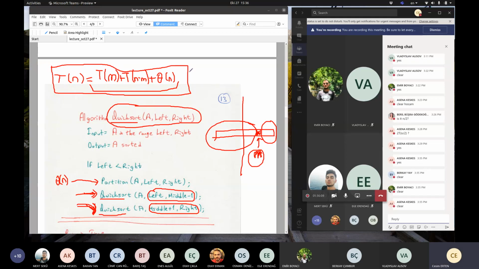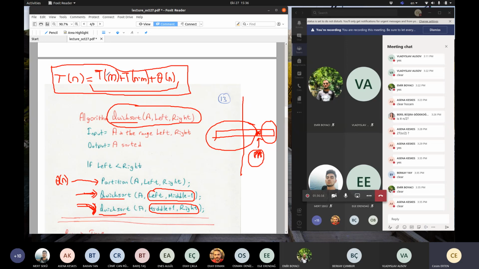Now, just by looking at this, it doesn't tell us anything. It doesn't tell us how big this running time is. And a second important thing is that how big this T of n is will be very much dependent on the value of m.